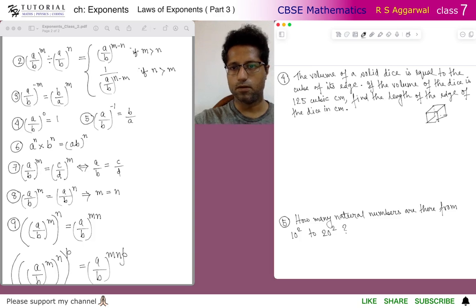So how many faces do we have? We have 1, 2, 3, 4, 5, 6. There are 6 faces, and these are the edges. So it's saying that the volume.